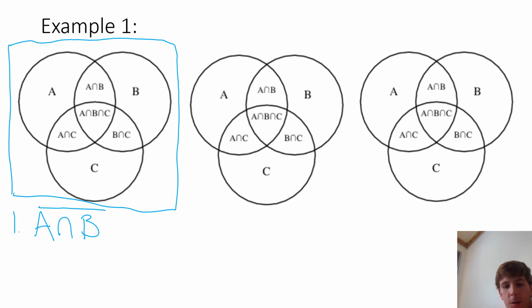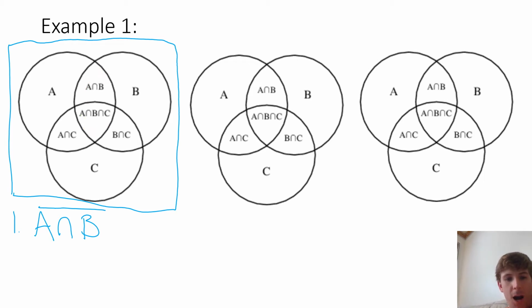Thinking about what A intersection B would look like, that is going to be the portions of our Venn diagram that have both A and B. So that would be in this little sliver right here, as well as the portion that has the C involved too, because that fits the A intersection B.